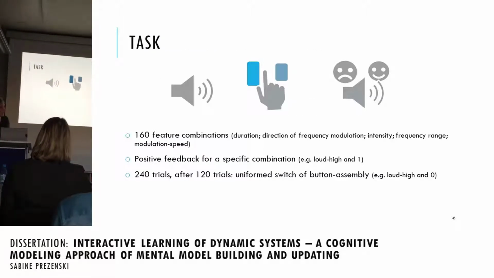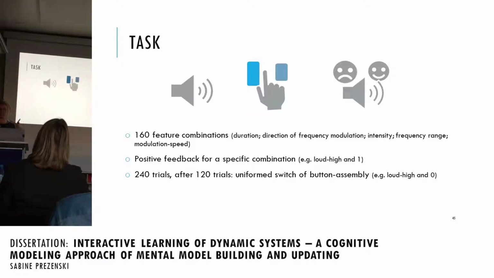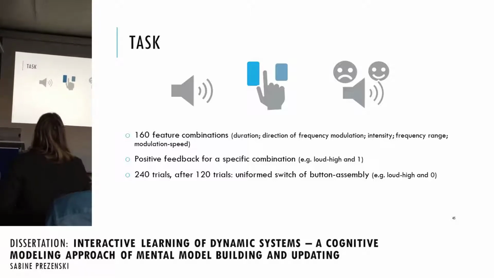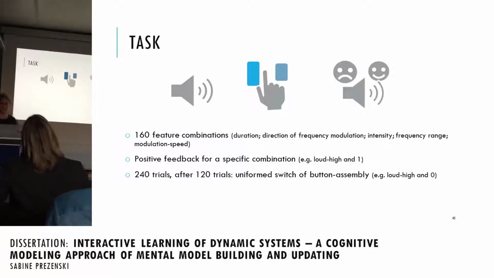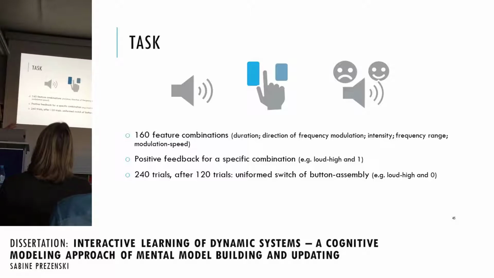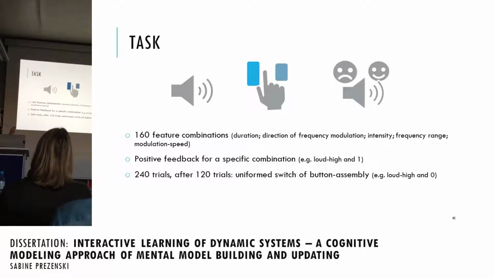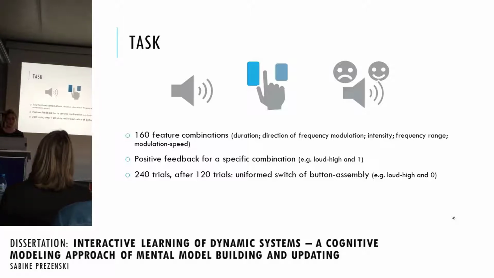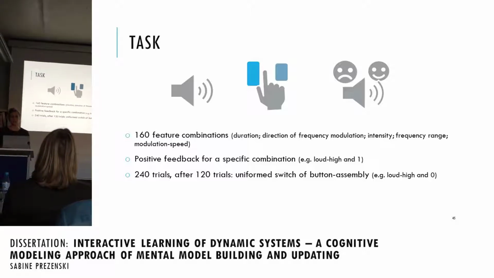So the chosen task was one where participants were presented a tone, and then they had to press one or two buttons, and if the button was correct, they got positive feedback. If it was wrong, they got negative feedback. Now, why is this a complicated task? Because we have 160 different feature combinations, and they differ in duration, direction of frequency modulation, intensity, frequency range, and modulation speed.